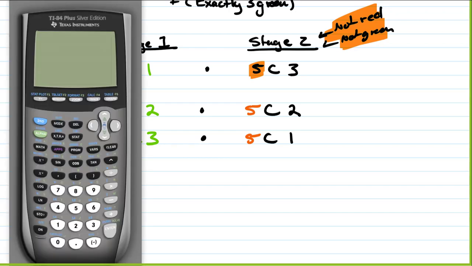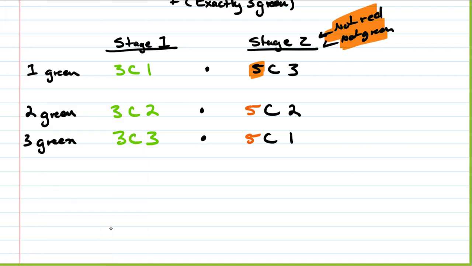So we have 3 choose 1 times 5 choose 3 gives us 30 ways.